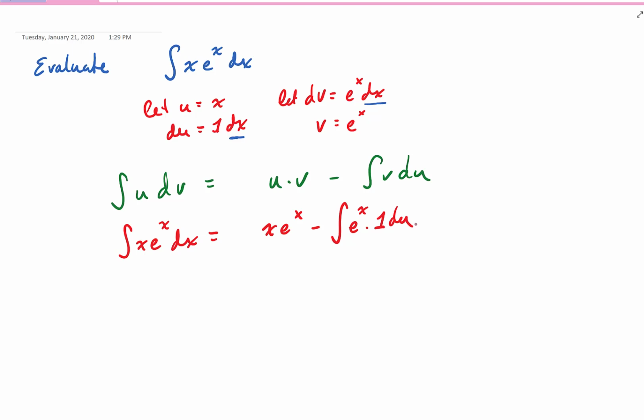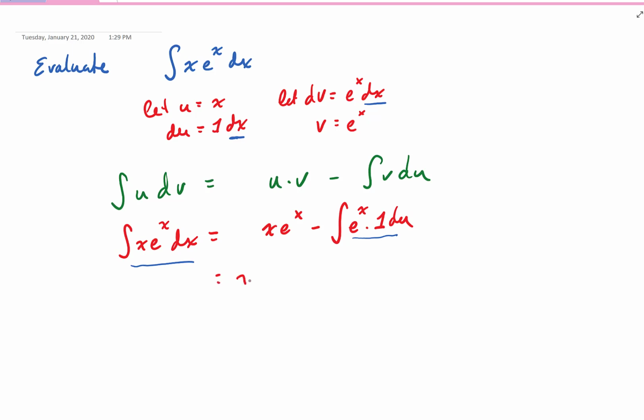And the whole idea behind integration by parts is that we took this expression that was maybe hard to find an antiderivative for, and in this case, and this isn't always the case, integration by parts is just a tool, but in this case, the expression that showed up in the integral of v du is an easier expression to find an antiderivative of, and so that was a good choice.